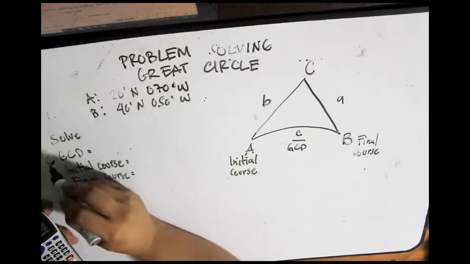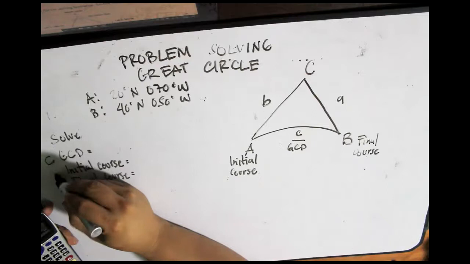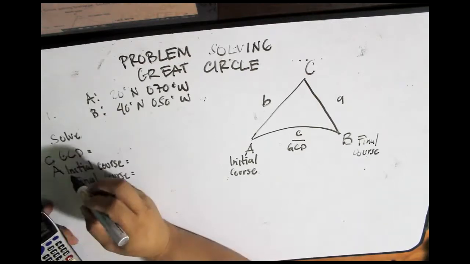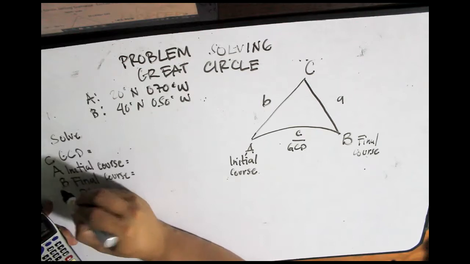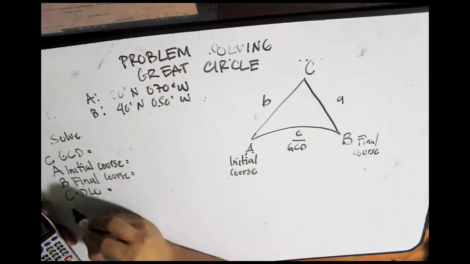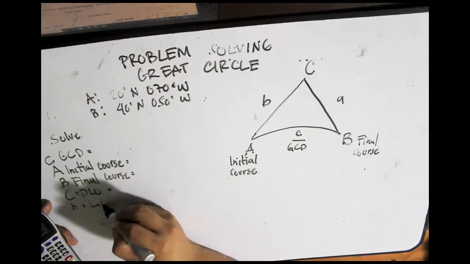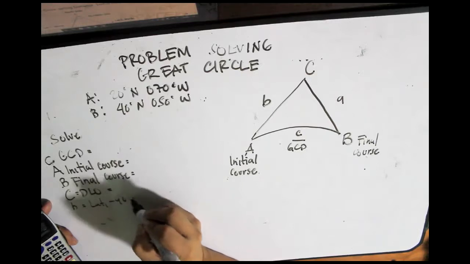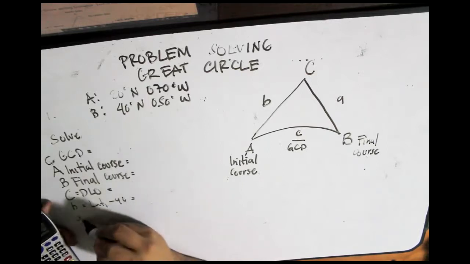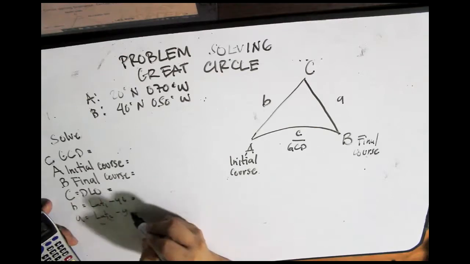Okay, C yan, na maliit. Your initial course is your A na malaki. Your final will be your B. Your C will be your D long. Your B is equal to latitude 1 minus 90. Your A is equal to latitude 2 minus 90.